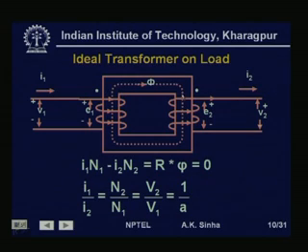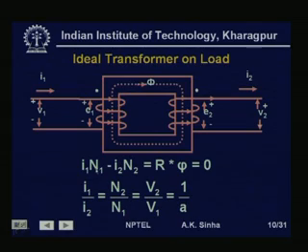For neutralizing the opposing flux produced by the secondary winding, we will have a reflected current I1 flowing in the first winding, which will produce an MMF equal to I1 N1, exactly neutralizing the flux produced by the MMF I2 N2.